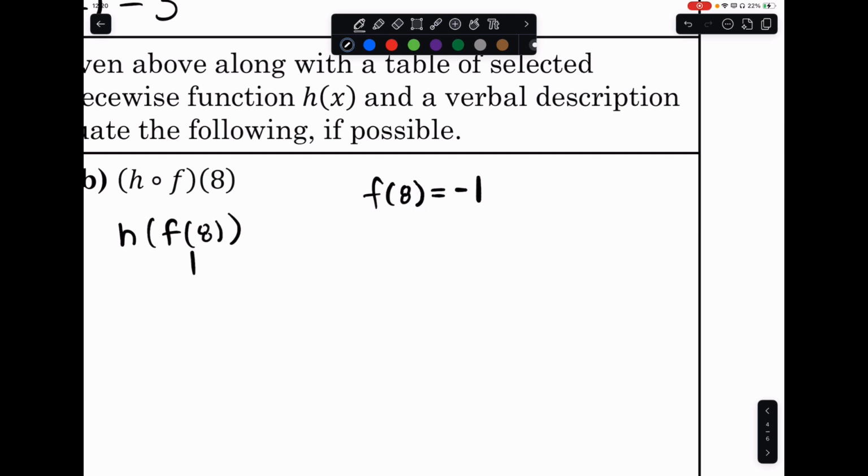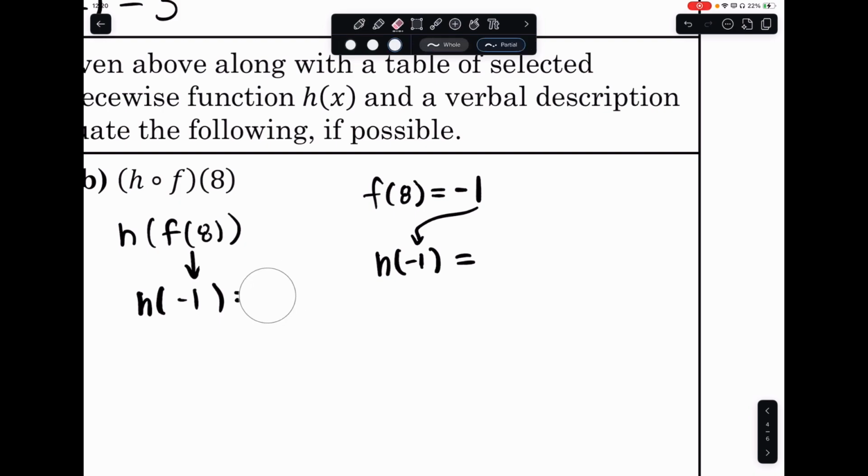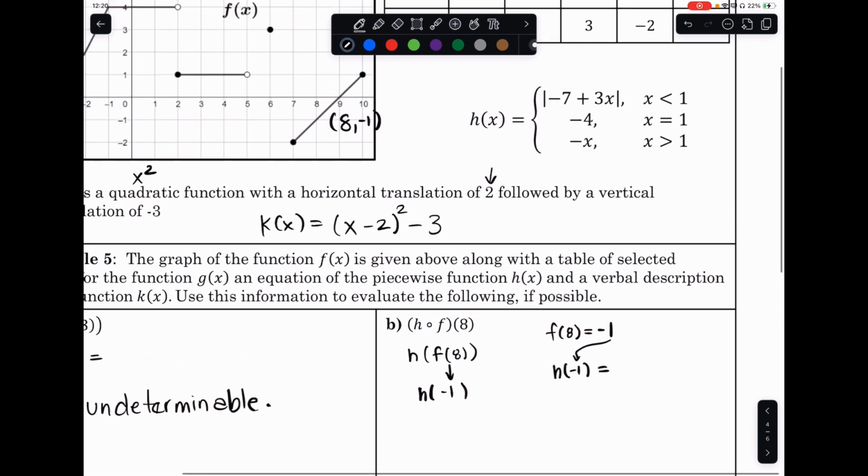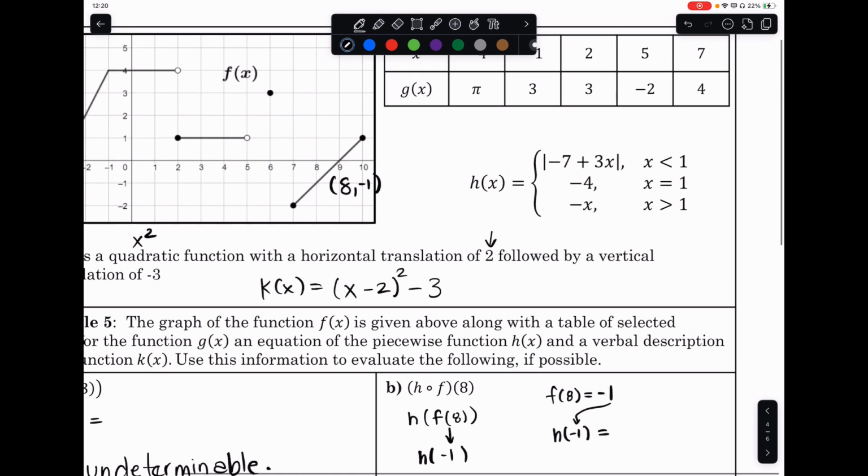So since we now know that this is equal to negative 1, I can now evaluate h of x when x is negative 1. So I now need to figure out what h of negative 1 is going to equal. So let's look up here. h is a piecewise function, and there are 3 pieces to use.